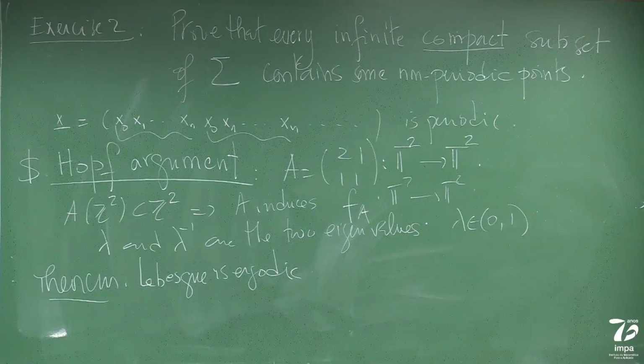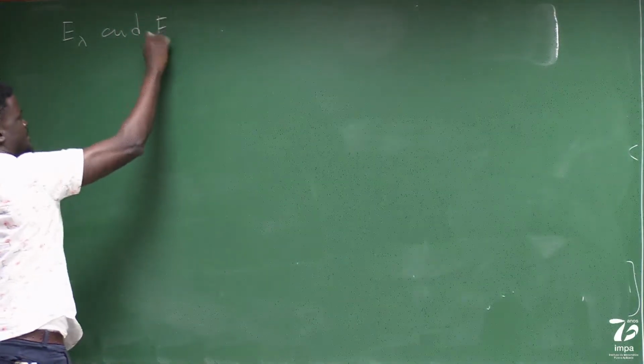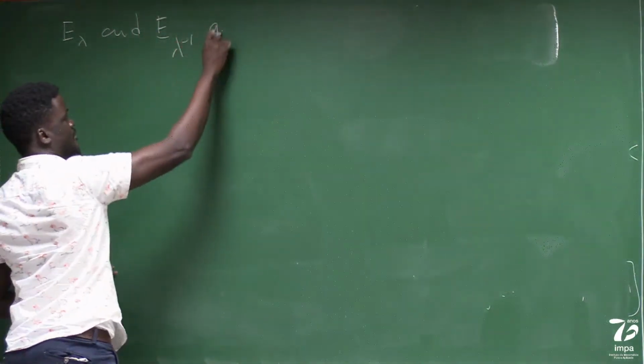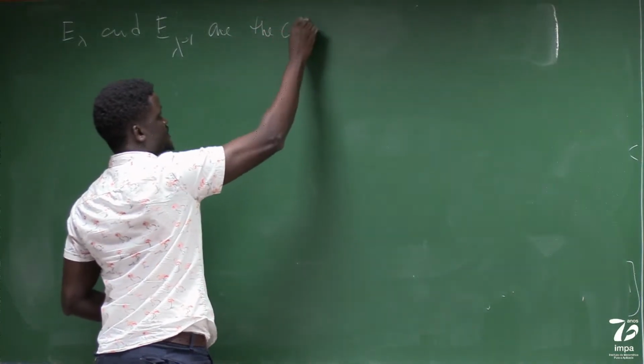These two eigenvalues give rise to two eigenspaces. So E lambda and E lambda minus 1 are the corresponding eigenspaces.